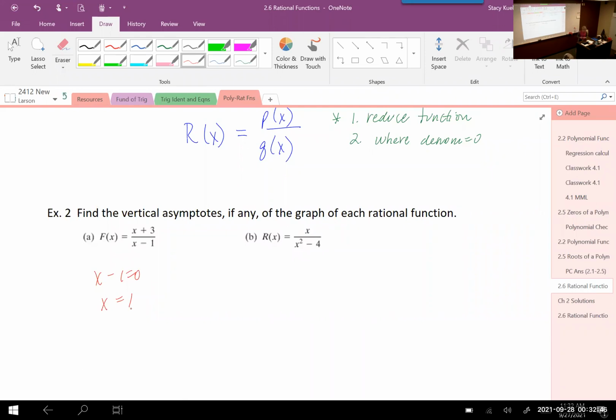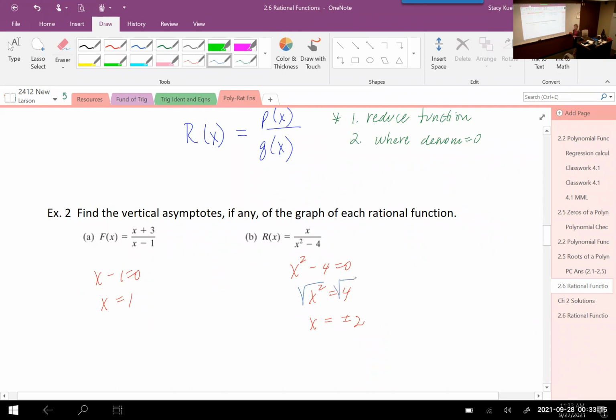So next we have this problem right here. R of x says x over x squared minus 4. There's nothing to cancel there, so we take the denominator, set it equal to 0 and solve. X squared is equal to 4, so x is equal to plus or minus 2 when I take the square root of both sides.